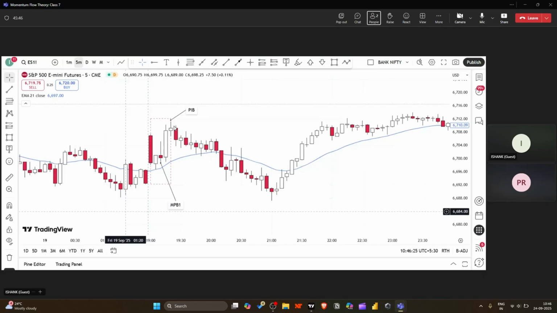But once we violated the previous day's high, sorry, the day's high, we got a strong bull trend bar. And now we are saying, okay, this is where the move started. And we got a micro pullback one in between this bull reversal bar and one strong bull trend bar.